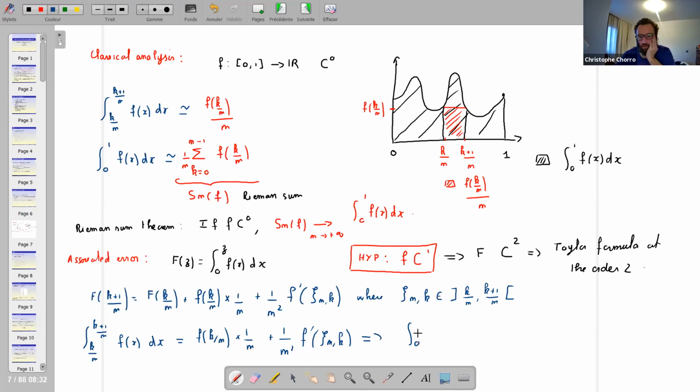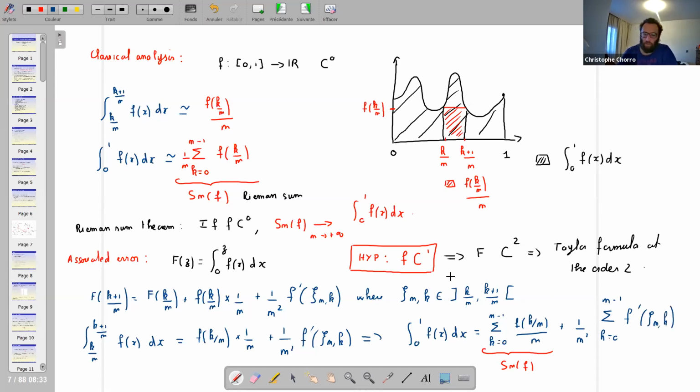I obtain that the integral between 0 and 1 of f of x dx is equal to the sum of this term from 0 to n minus 1, and I remark that this term is none other than my Riemann sum, plus 1 over n squared and the sum from k equal to 0 to n minus 1 of f prime of c n k.